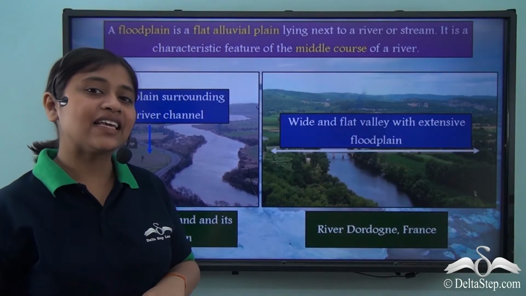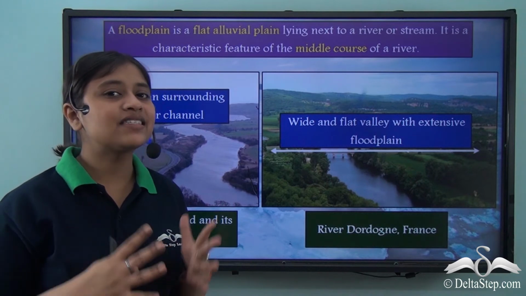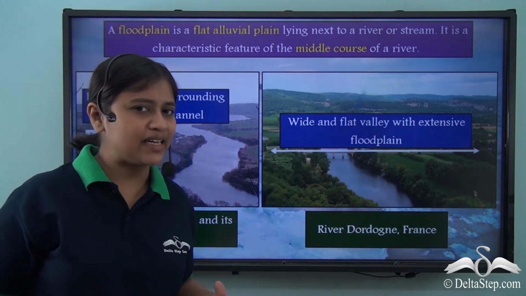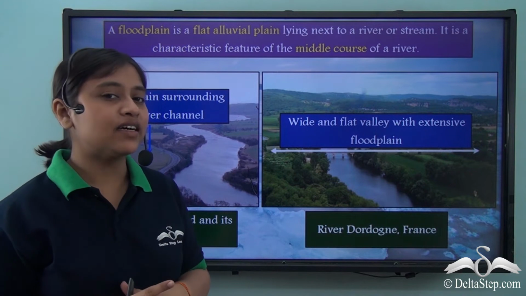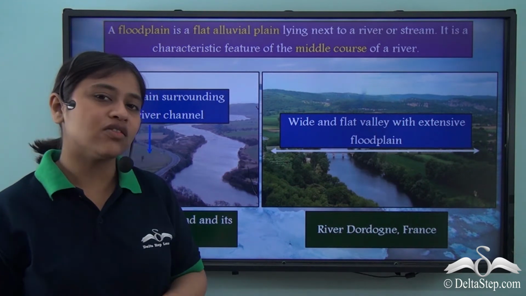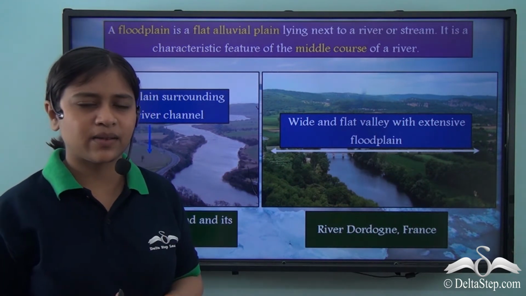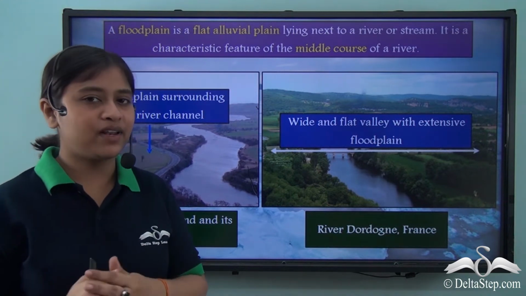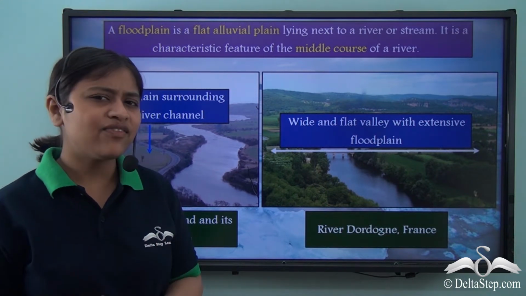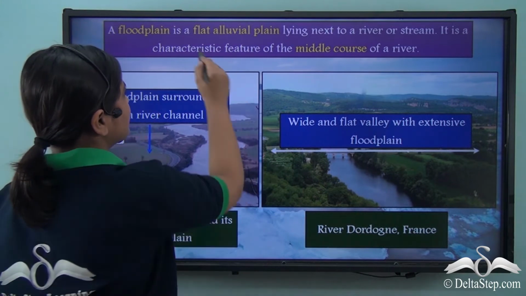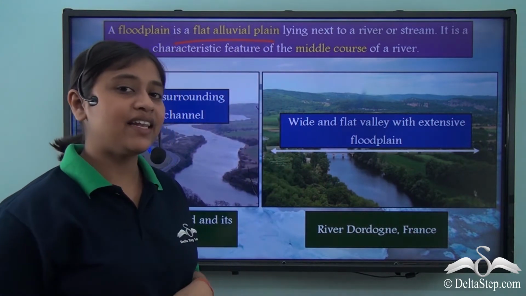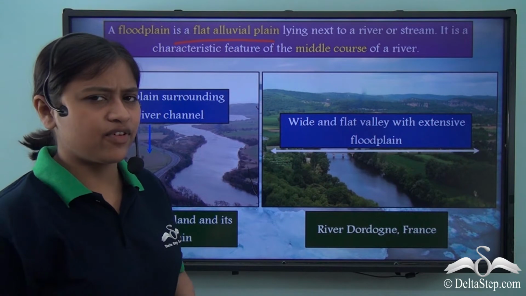Now, just like in the upper course, the characteristic landforms were a V-shaped valley and waterfalls. Similarly, in the middle course, there are also some characteristic landforms. We have floodplains here. So what exactly is a floodplain? A floodplain is a flat alluvial plain lying next to the river, right?